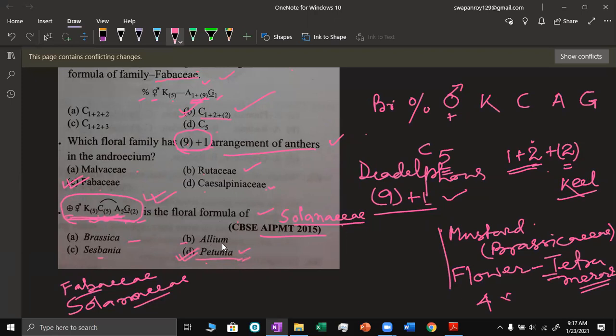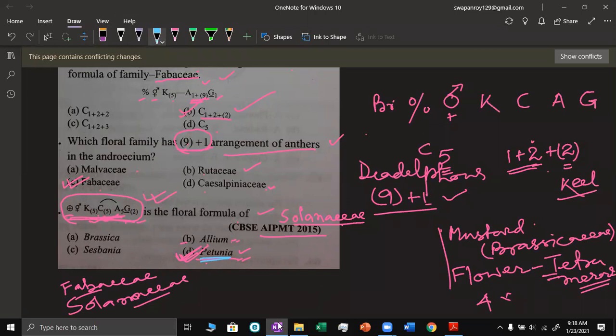Allium is onion, and Allium belongs to Liliaceae. Brassica is Cruciferae, Sesbania is Fabaceae. So our answer is petunia.